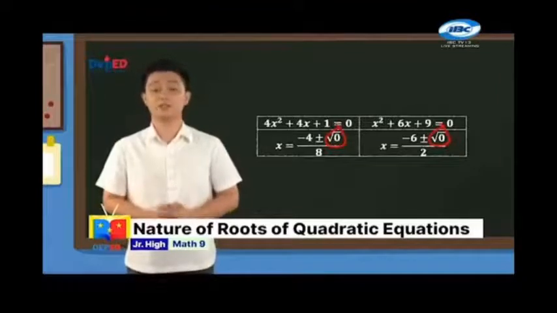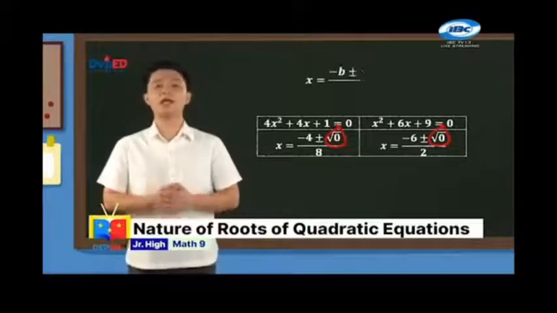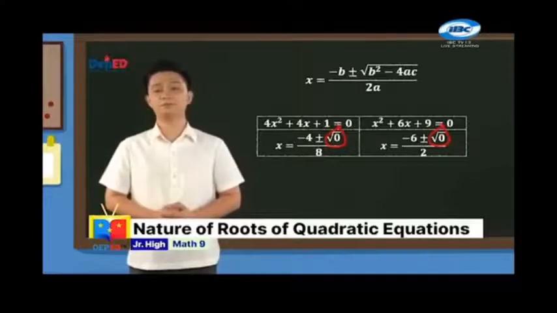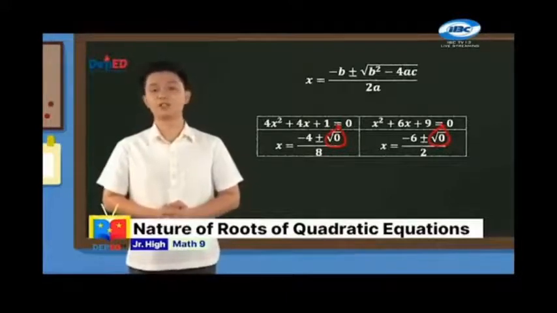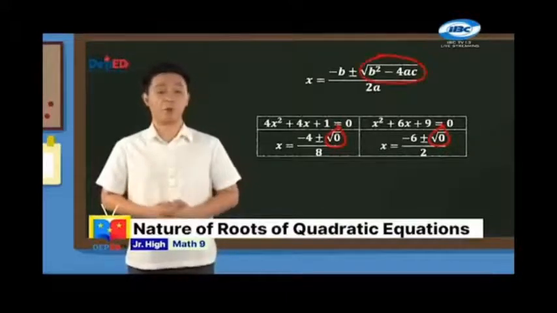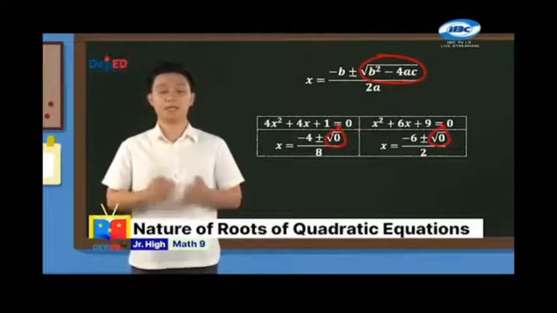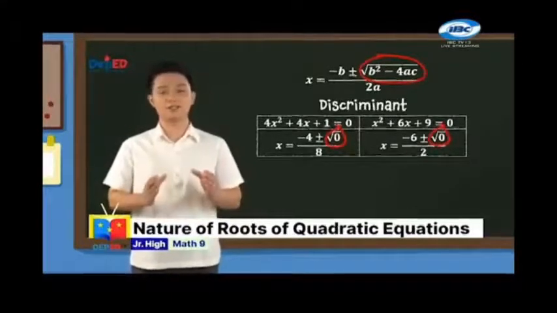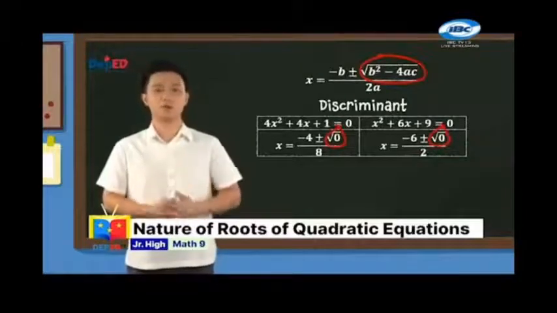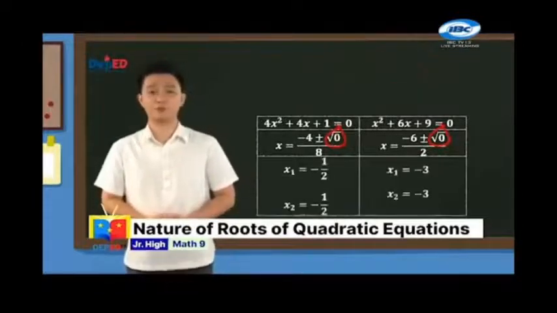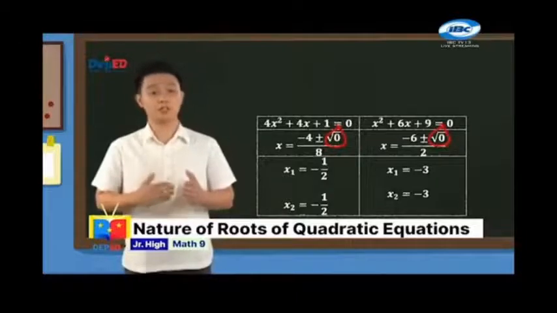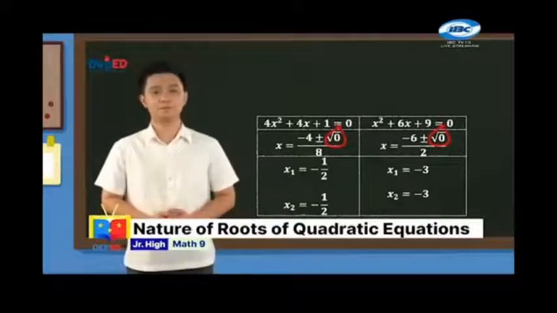We see that in solving for the roots of the equations using the quadratic formula, the values of the expression b squared minus 4ac, which is under the radical sign and is called the discriminant, are both equal to 0. Aside from this, were you able to spot another similarity?